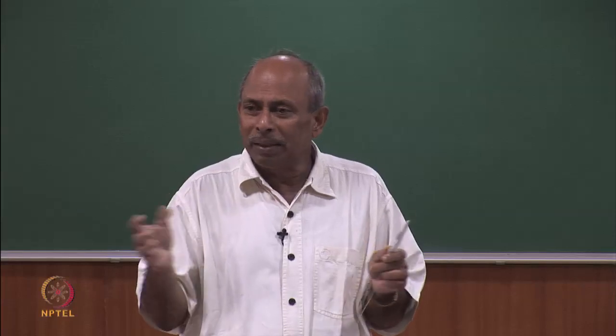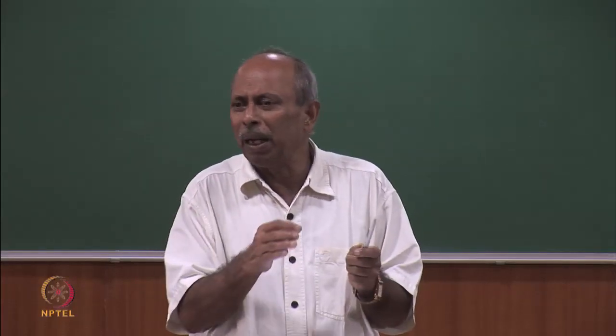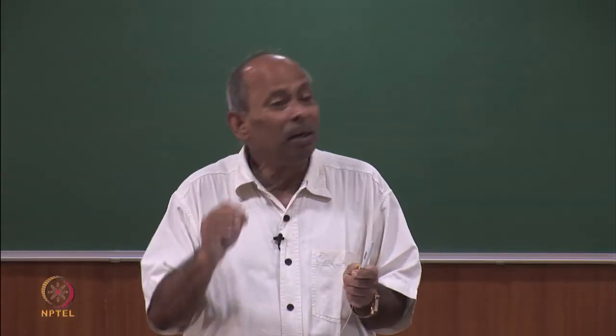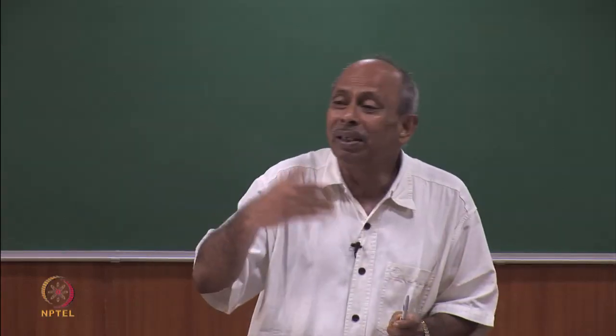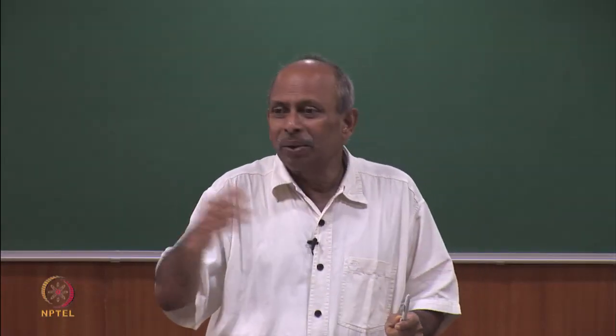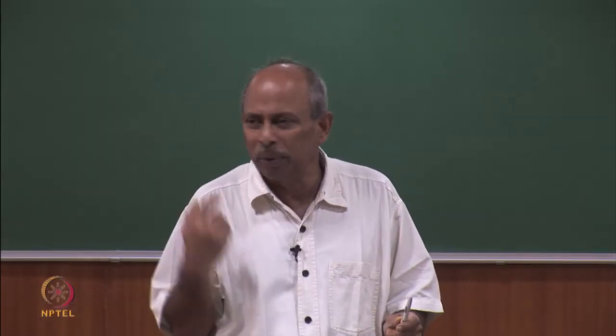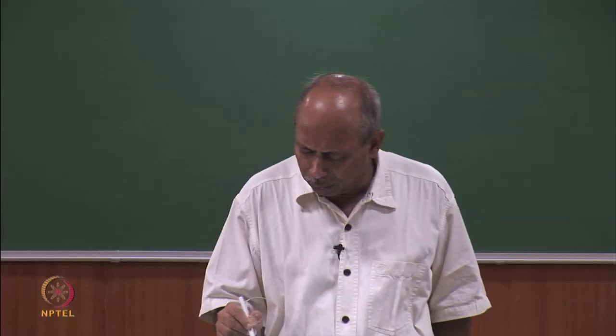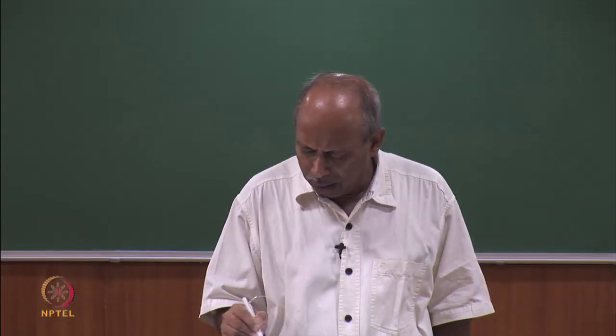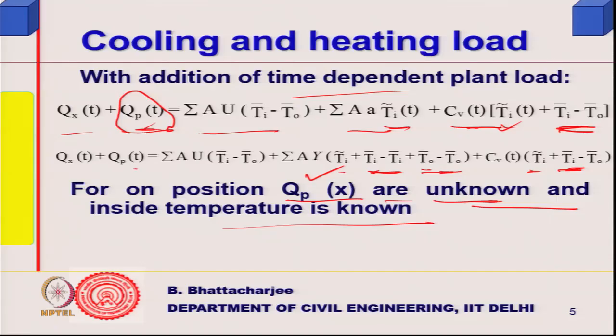So, mean would be sum total of all the constant multiplied by the hour during which it is constant, plus those time when it is not constant. So, mean it will not be a fixed value, you have to find it out, it will depend upon the inside temperature. So, mean is also unknown. So, this part is also unknown, sometime this is unknown, sometime this part plant load is unknown.